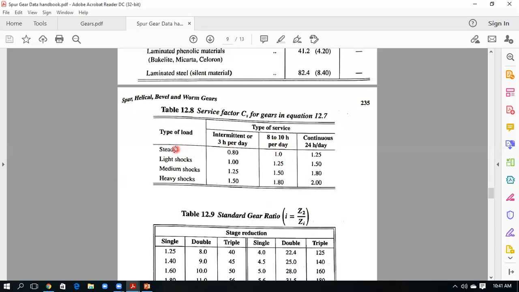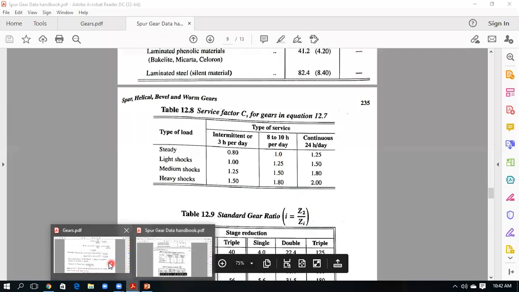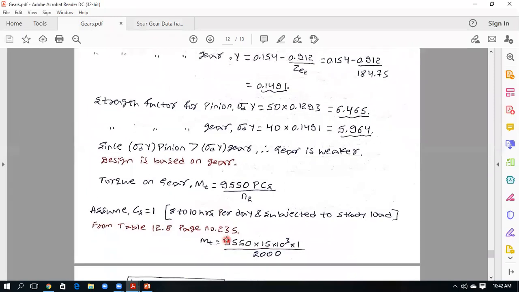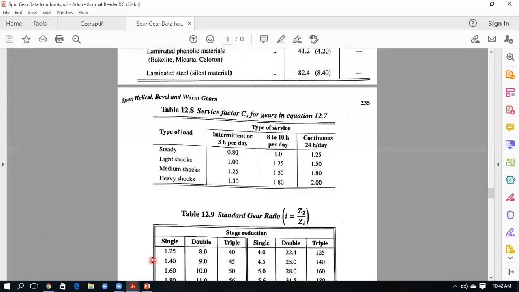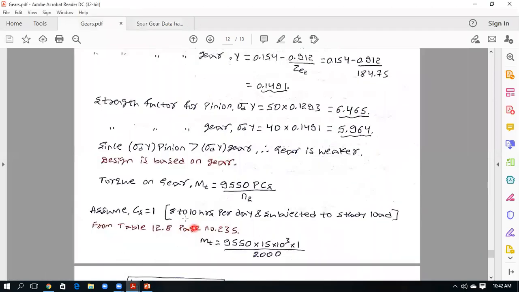Then the value will be equal to 1. Therefore, I have taken the service factor as 1 from the table.